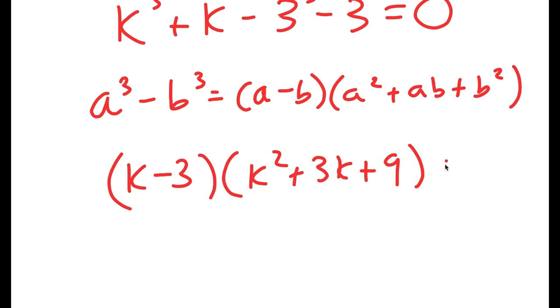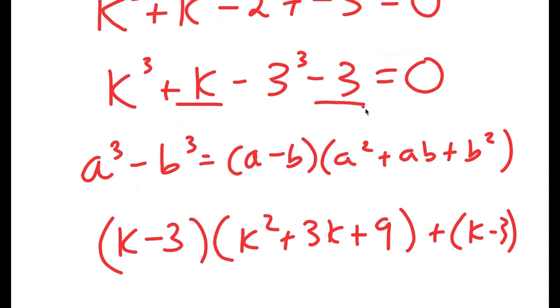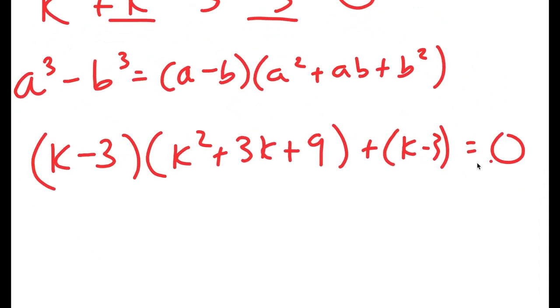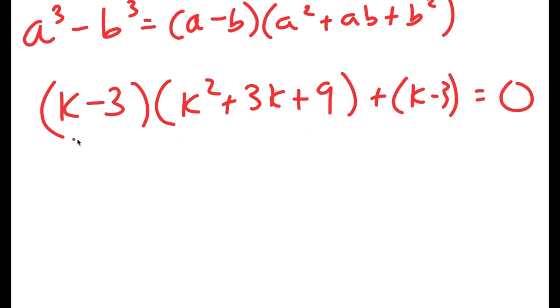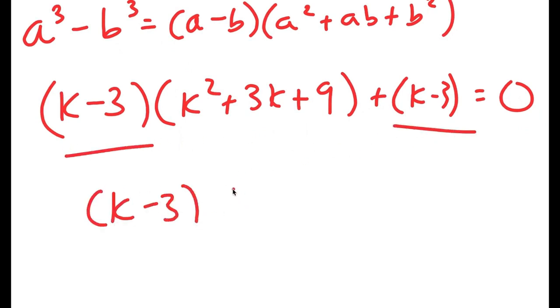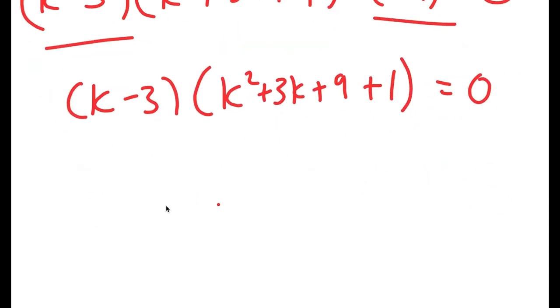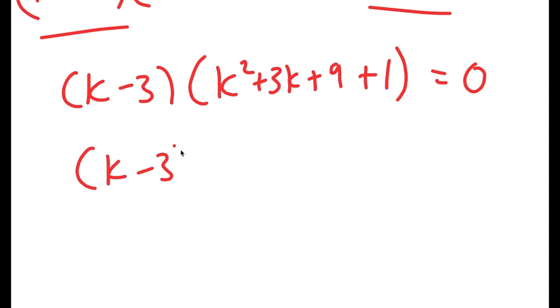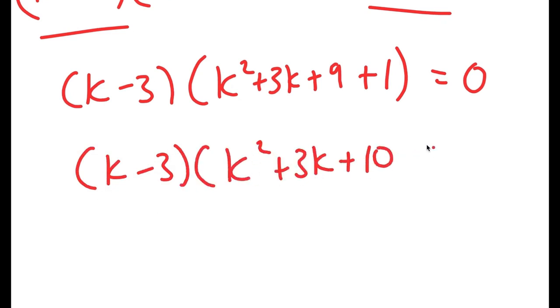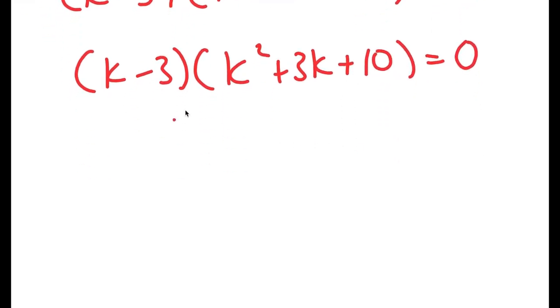And we can't forget our plus k minus 3 at the end, which is this part right here, and this is equal to 0. So now, because both of these terms have k minus 3 in them, I can factor out k minus 3. So I get k minus 3 times k squared plus 3k plus 9 plus 1, because k minus 3 divided by k minus 3 is 1, is equal to 0. So this turns into k minus 3 times k squared plus 3k plus 10 is equal to 0.